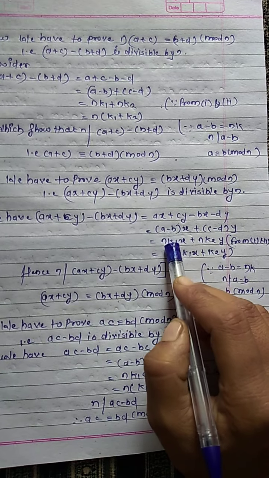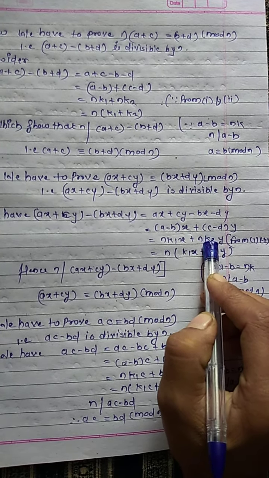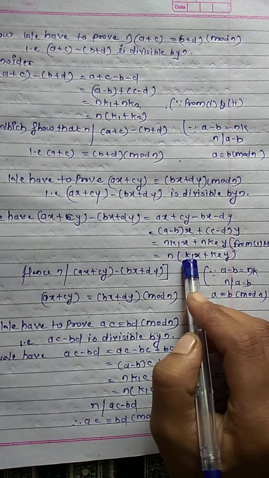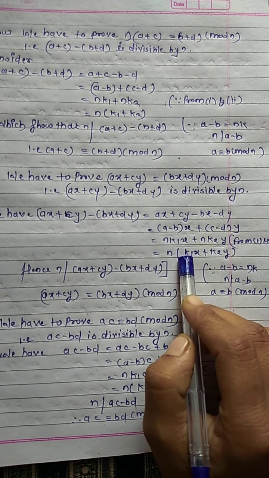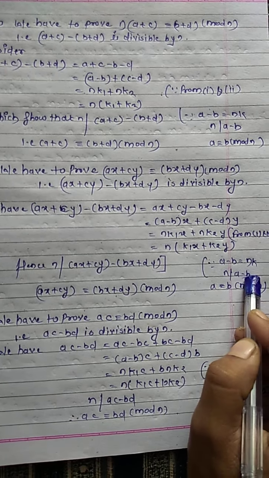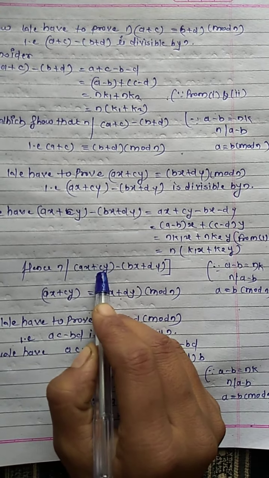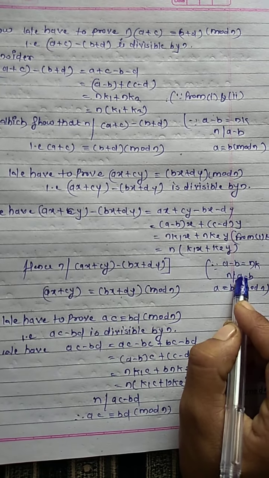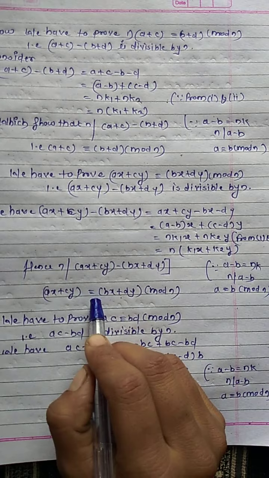The value of a minus b is nk1 and the value of c minus d is nk2, from the first and second. Taking n common, we get n into k1 x plus k2 y. So by the definition of congruence, n divides ax plus cy minus in bracket bx plus dy, which means ax plus cy is congruent to bx plus dy modulo n.